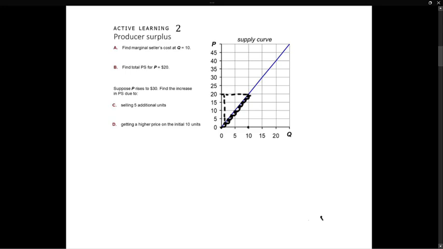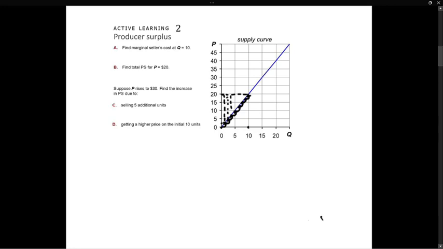For example, let's say this seller's cost is $3, but the actual sales price is $20, so this seller will have a gain from participating in this market. The additional sellers with costs less than $20 will have producer surpluses.